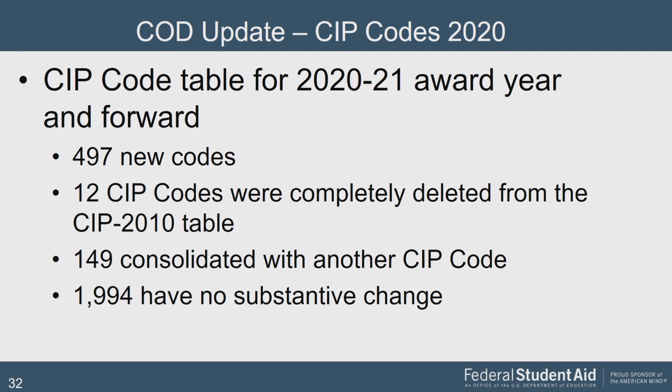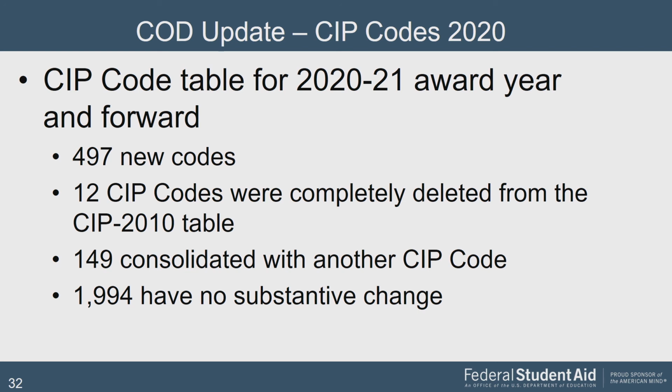There are 12 CIP codes that are completely deleted from the 2020 table that were available in the 2010 table. But before you all panic, not one institution of the over 6,000 that send us data has sent us any of these 12 CIP codes in almost 3 years. So we think we're good.